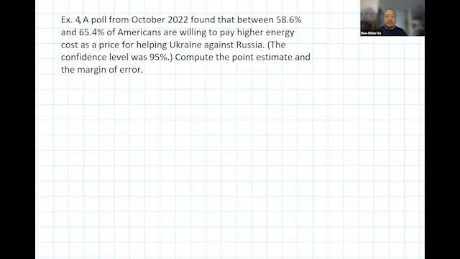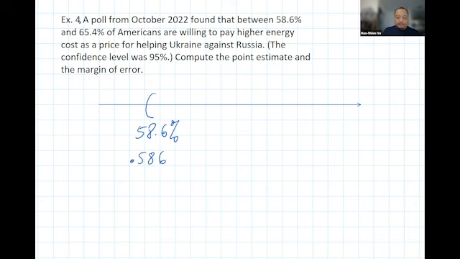Compute the point estimate and the margin of error. Again, for this kind of problem, I find it helpful to actually draw the number line so you can visually see where the point estimate is and where the margin of error is. Draw a number line. 58.6% is somewhere, and in decimal form is 0.586.